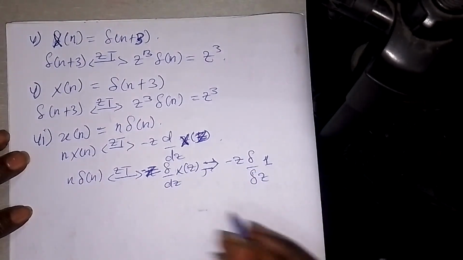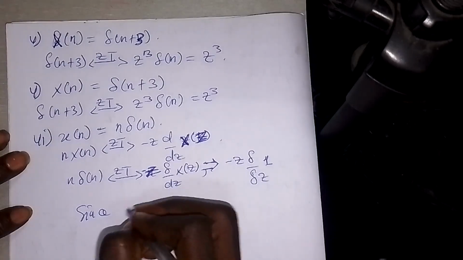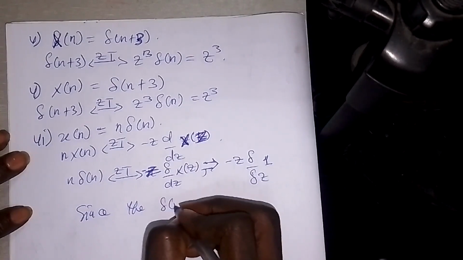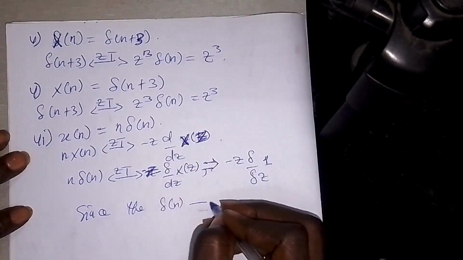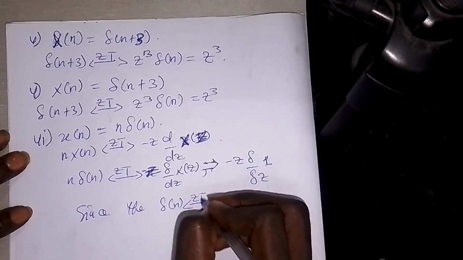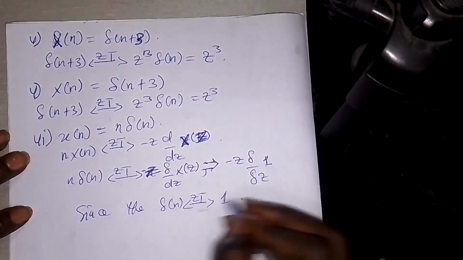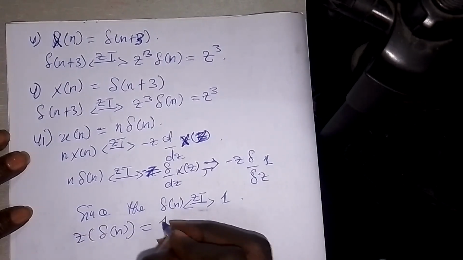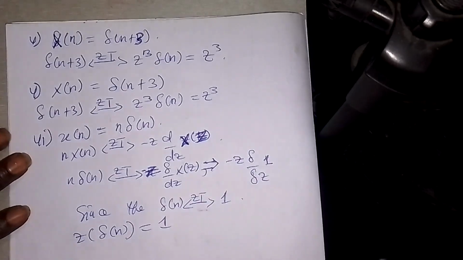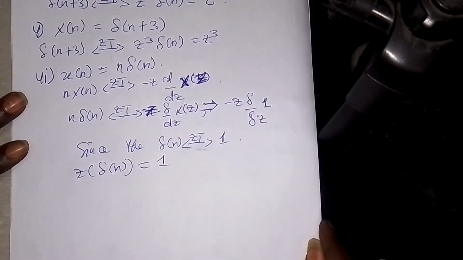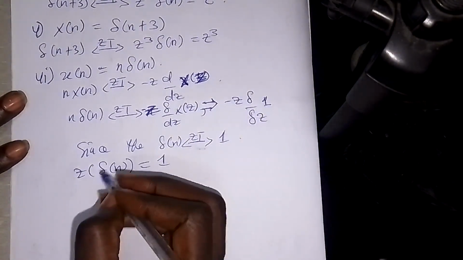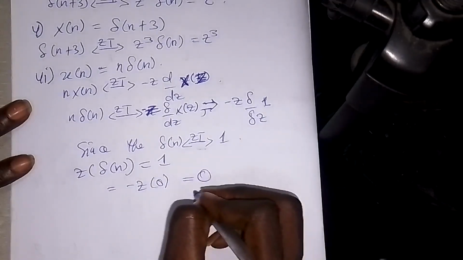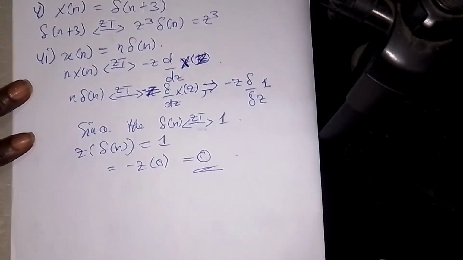Since the z transform of this one is 1, and we know that whenever you differentiate 1, you get 0, here you're going to have minus z into 0, which is 0. So very easily you can solve that one also.